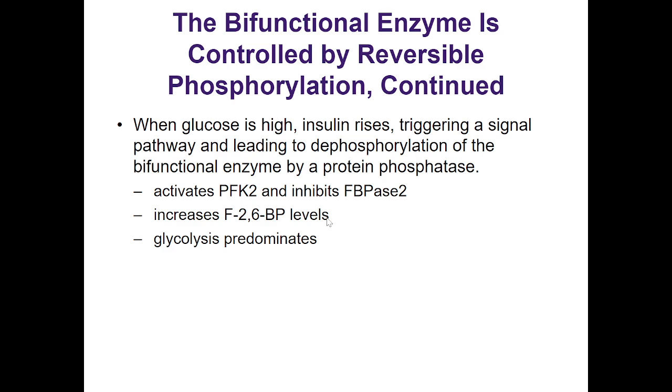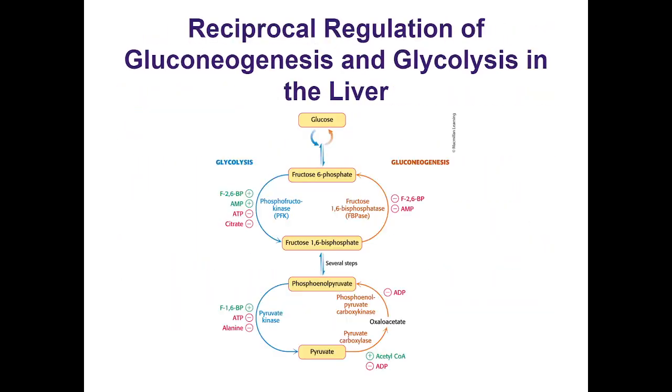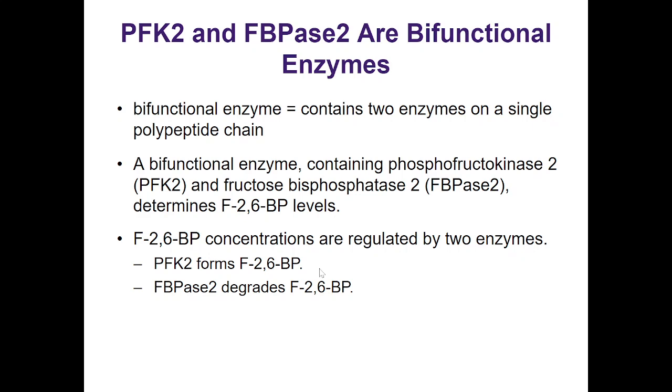Glycolysis is going to predominate. Remember again that glycolysis does not necessarily mean that you're going to go all the way through, okay? You can actually end up shunting things off into other pathways because you're going to build up the equilibriums in all these steps down here.